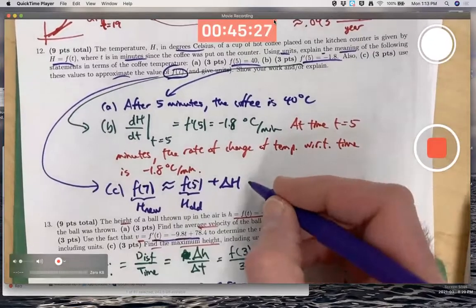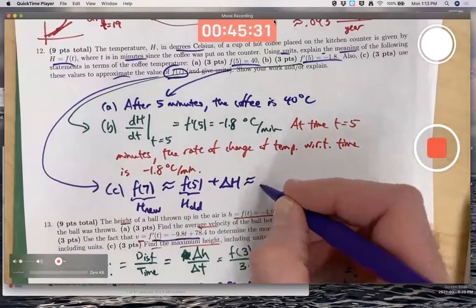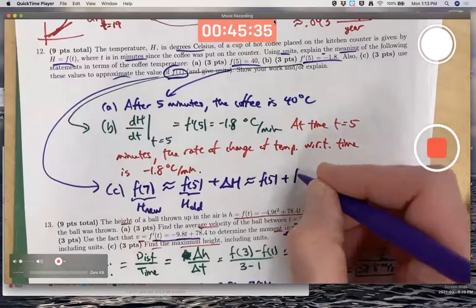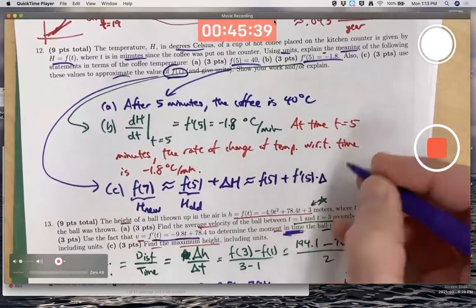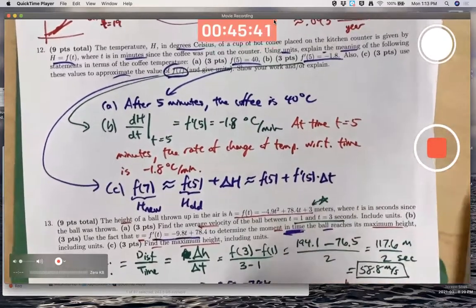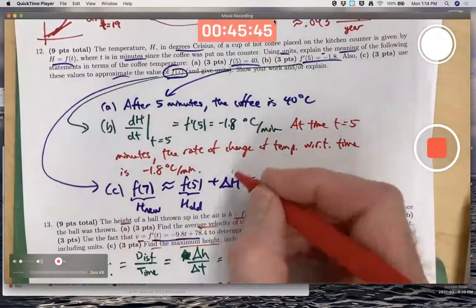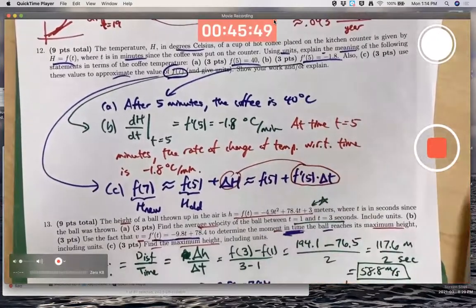The same idea, though. And that's approximately f of 5 plus what's delta h? It's the derivative rate of change times the change in time. Delta h, change in temperature, is approximately the rate of change f prime of 5 times the change in time.